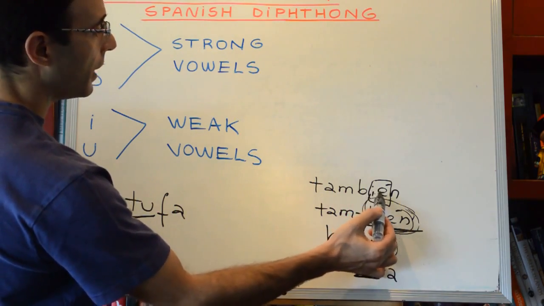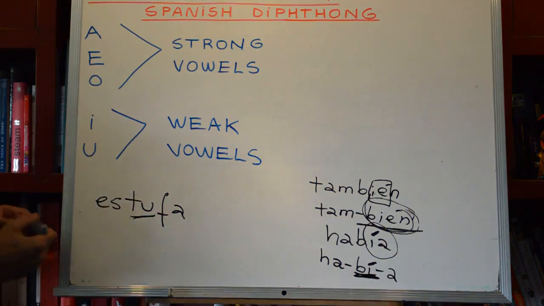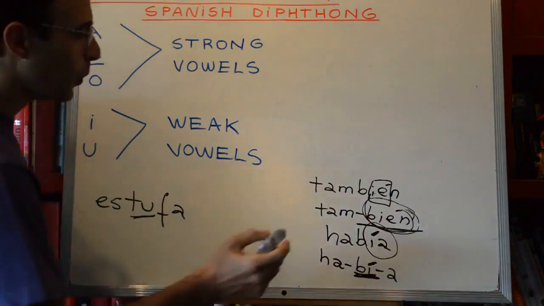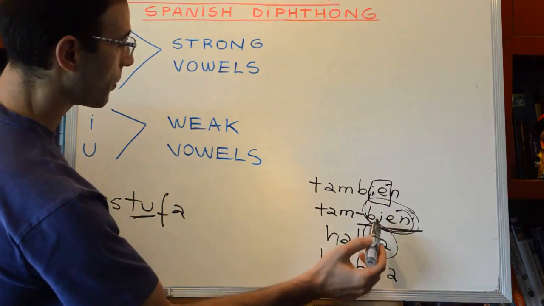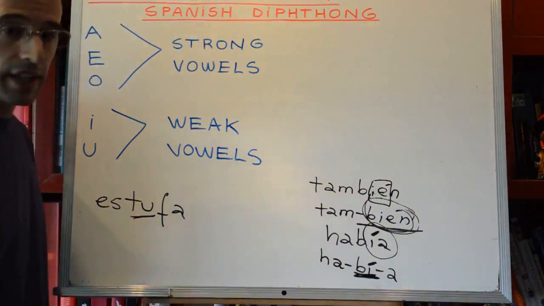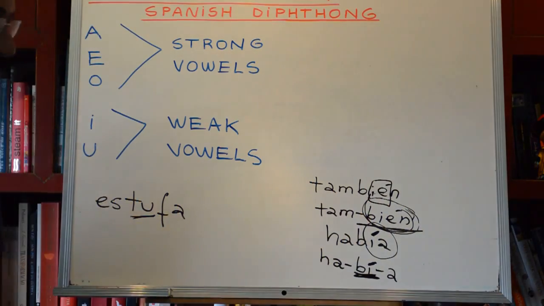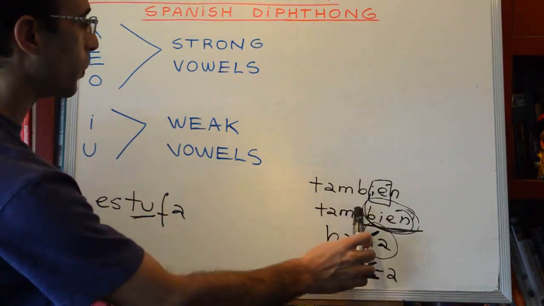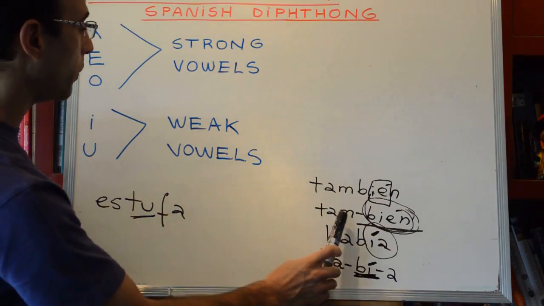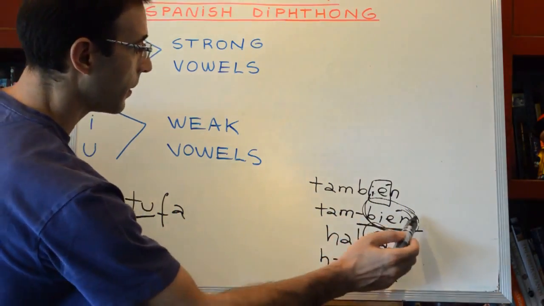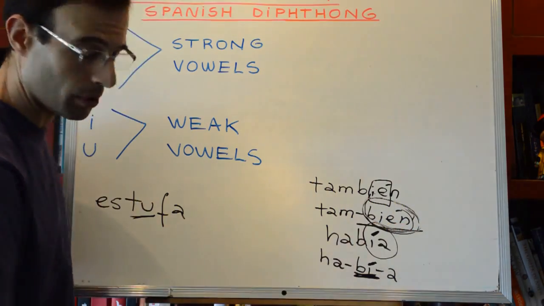También, we have I and E. I is a weak vowel. E is a strong vowel. We cannot separate this in syllables because I is weak and cannot be separated from vowel E. So when we separate in syllables: tam, bien. This is all one single syllable.